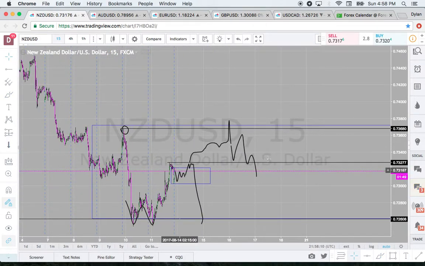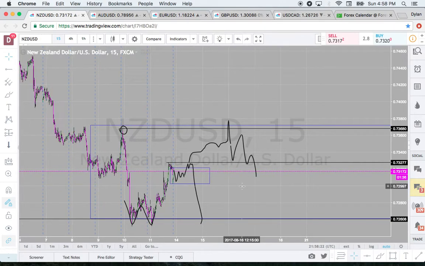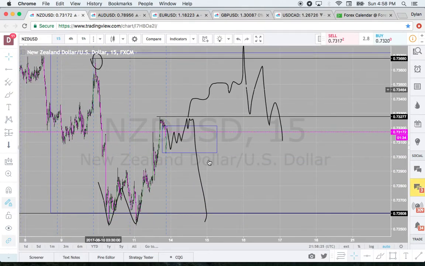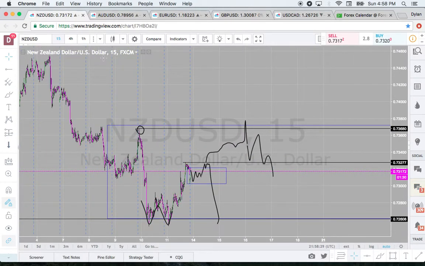This obviously is just my best guess, and it's no guarantee that price is going to move the way that I'm explaining it, so just keep that in mind.